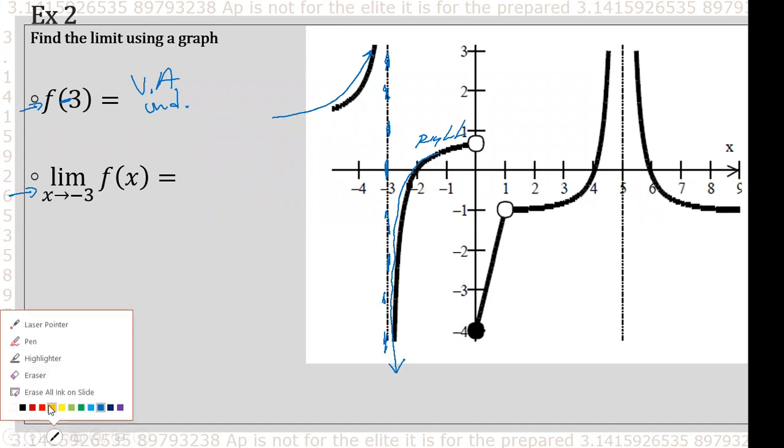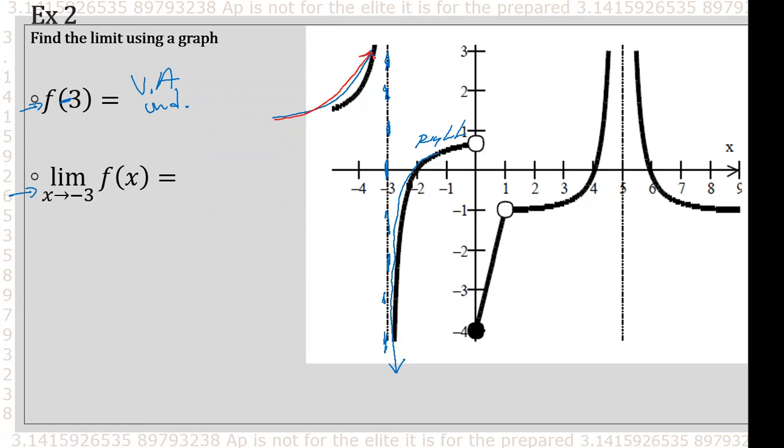So this went all the way up from the left, and from the right went all the way down. So my limit as x approaches -3 from the left was not equal to the limit as x approaches -3 from the right. Sorry, I almost forgot my negative. So in this case, the limit does not exist.